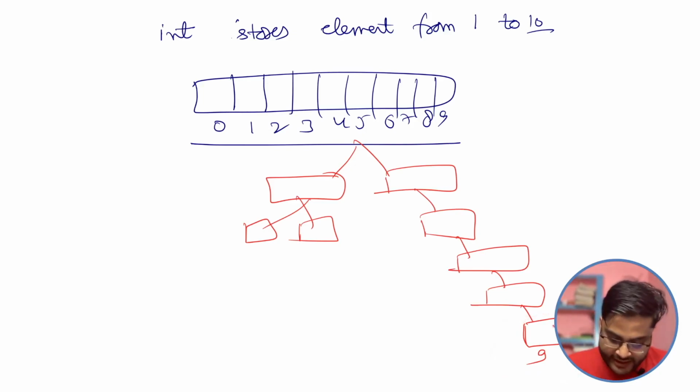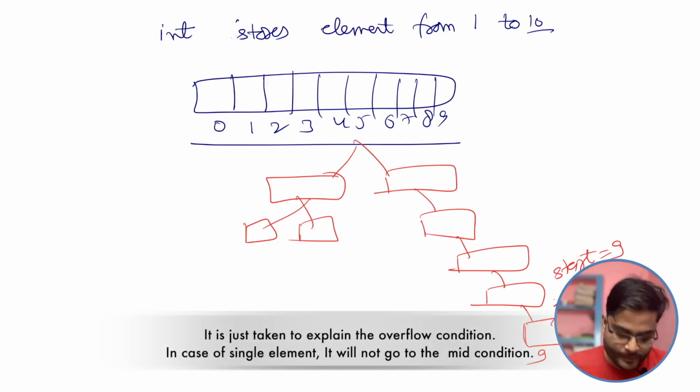So here my start will be what? My start will be the 9th index, and my end will be the 9th index, right? While we keep on dividing, we divide until we reach one element. So here my start will be 9, my end will be 9. Now if I store mid in an int, what will happen?